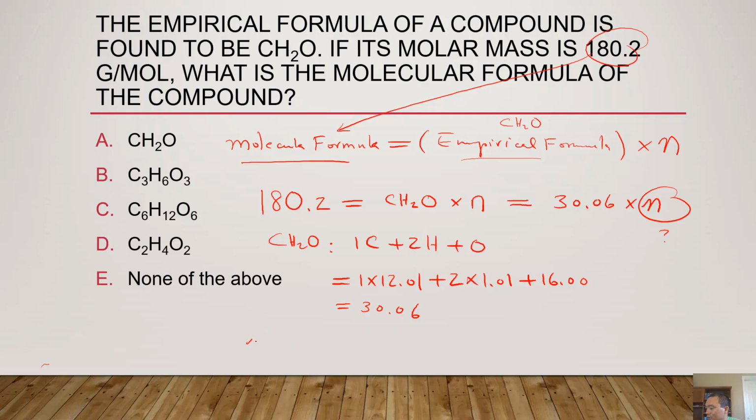n will be 180.2 divided by 30.03. So you do this calculation. This is 6.